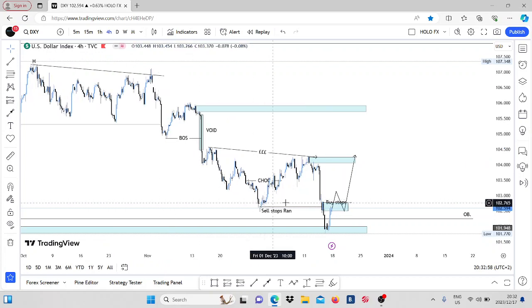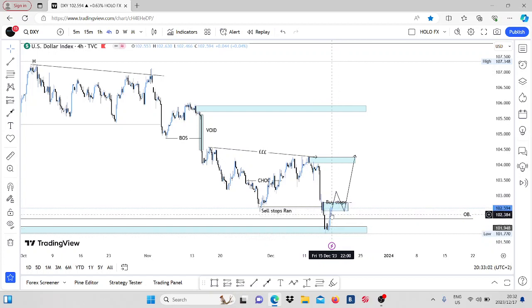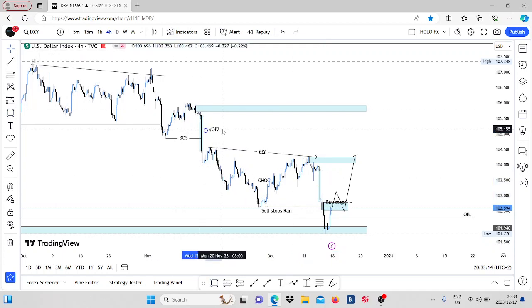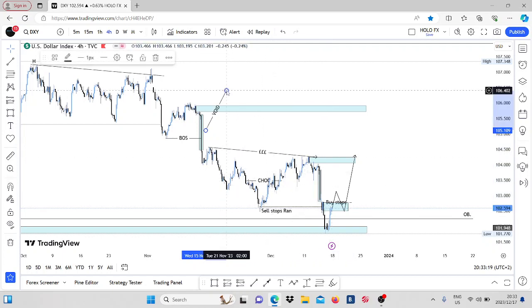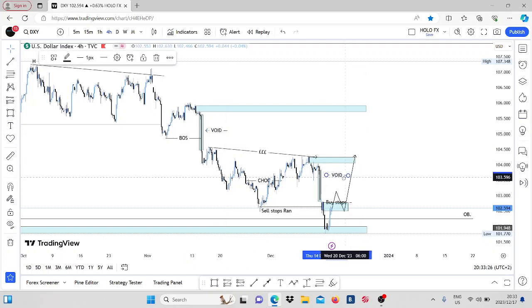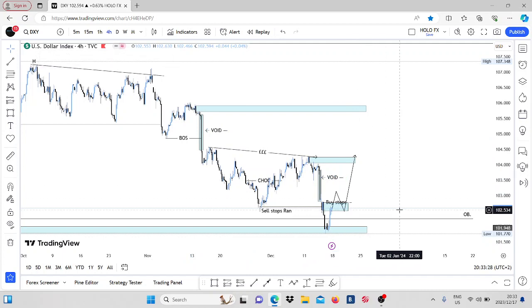I have a strong conviction that price, if respecting this setup, will buy all the way to the upside. Price is going to fill that void. I have a strong conviction of that.